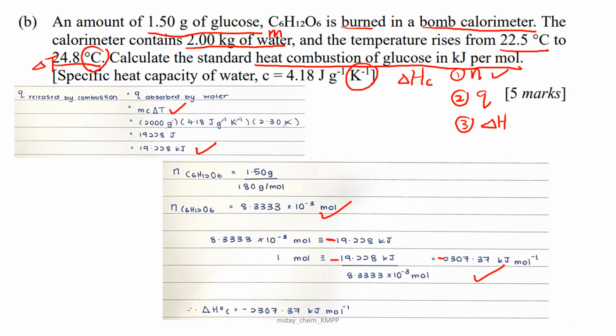Then you have to rewrite again. Heat of combustion means that the symbol is ΔH, ΔH combustion is negative 2307.37 kilojoules per mole. So for this question you will get 5 marks.